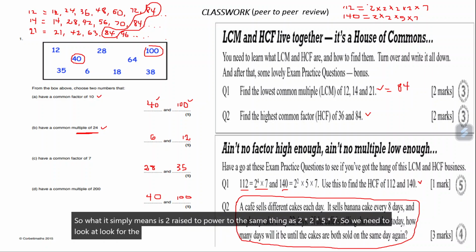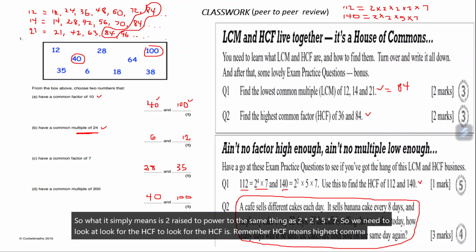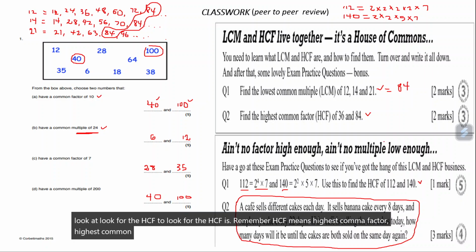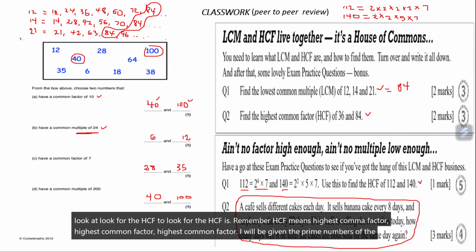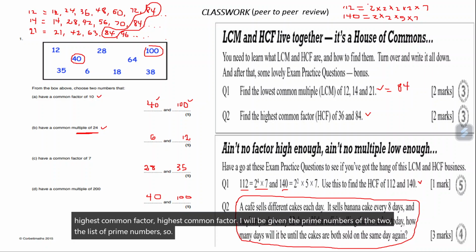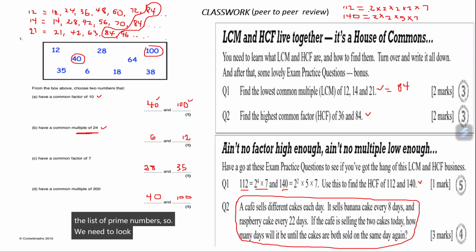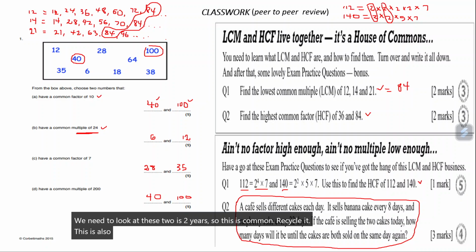Remember, HCF means highest common factor. So we need to look at this. 2 is 2 here, so this is common. You circle it. This is also common. You circle them.